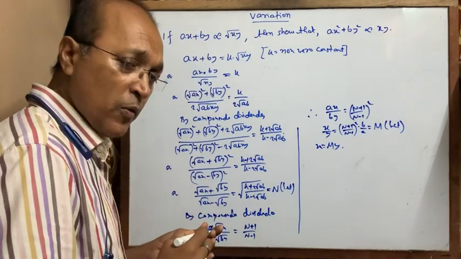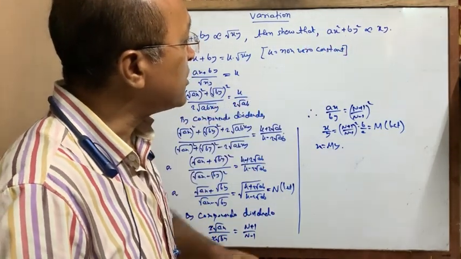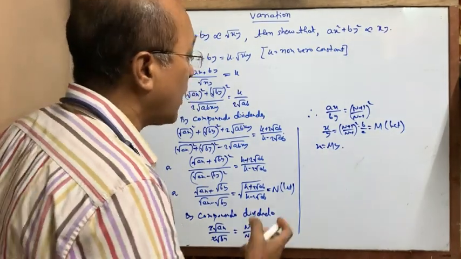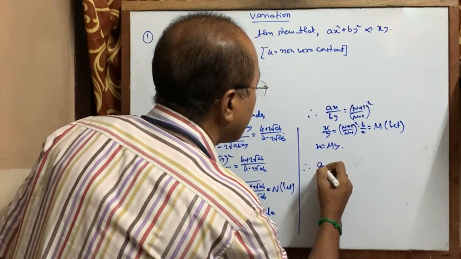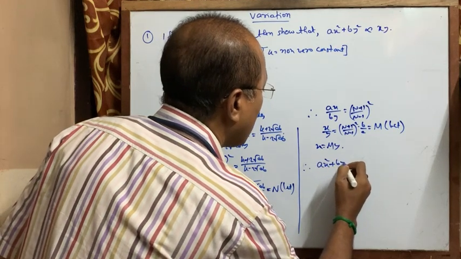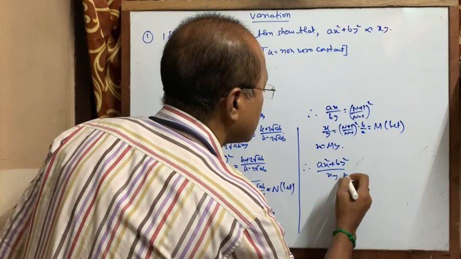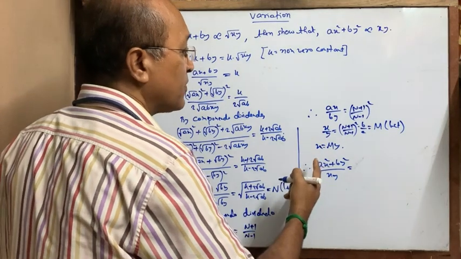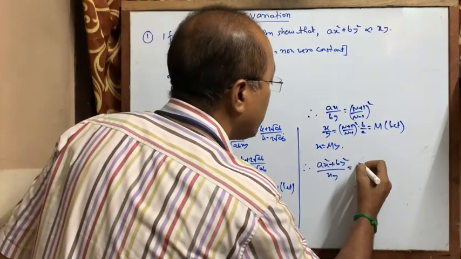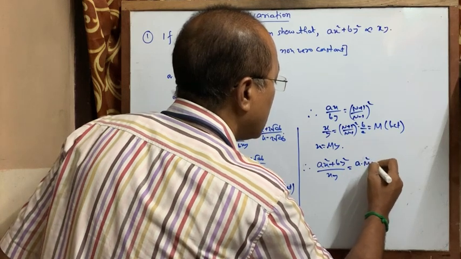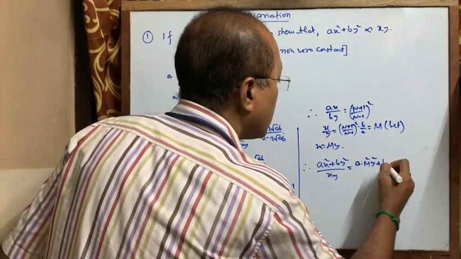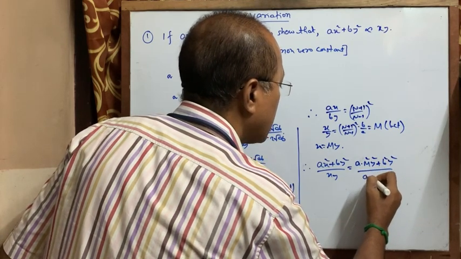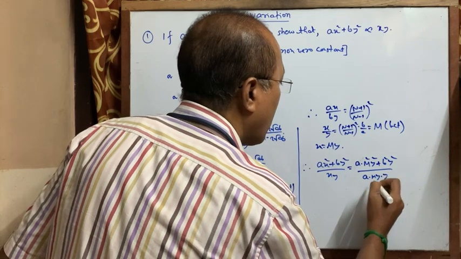What we have to show is that ax square plus by square is proportional to xy. So now we can write (ax square plus by square) by xy, where all the x will be replaced by my. This one will be (a m square y square plus b y square) over (a m y times y).